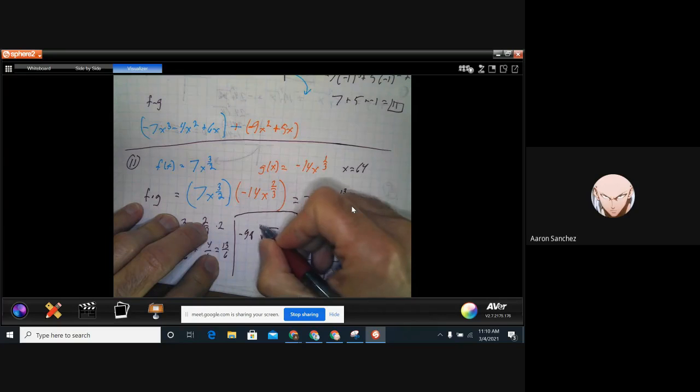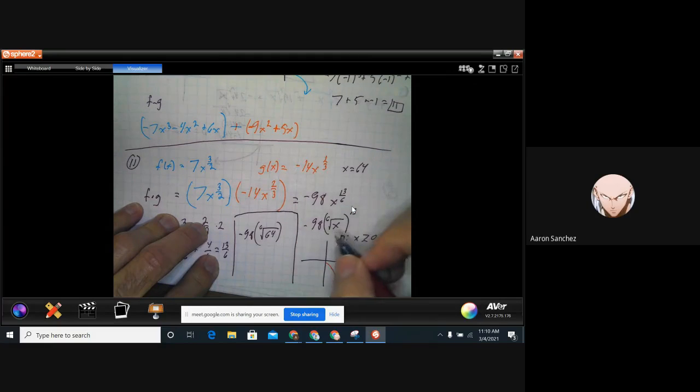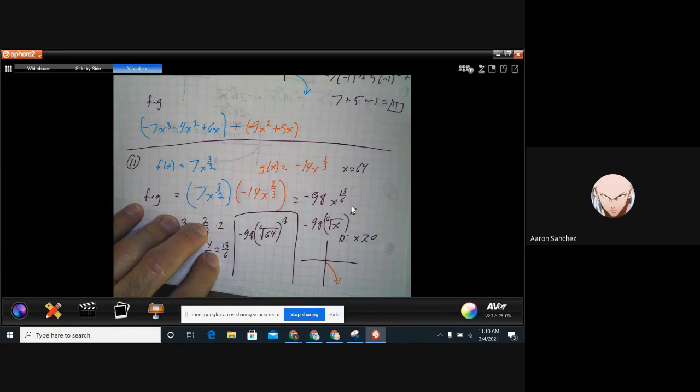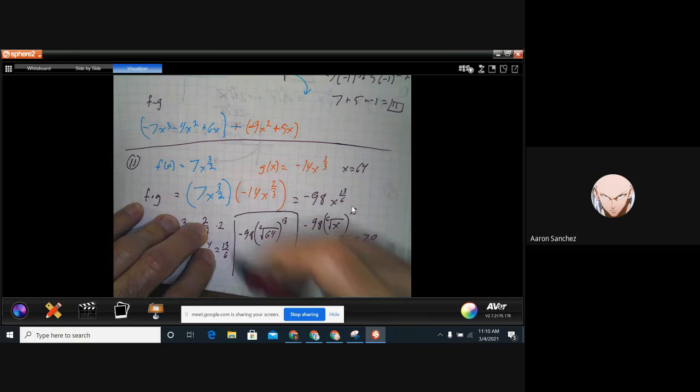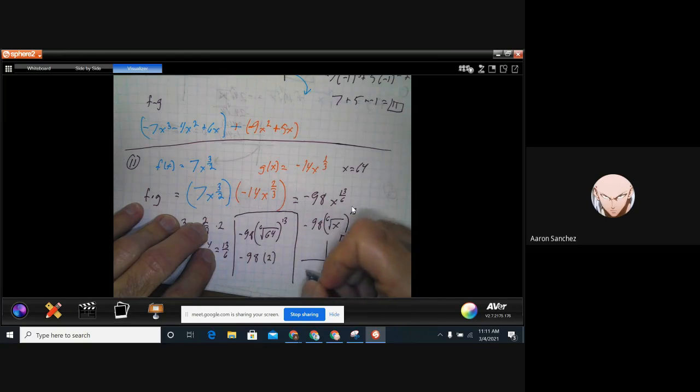The 6th root of 64: 2 times 2 is 4, times 2 is 8, times 2 is 16, times 2 is 32, times 2 is 64. So the 6th root of 64 is 2, raised to the 13th, times negative 98.